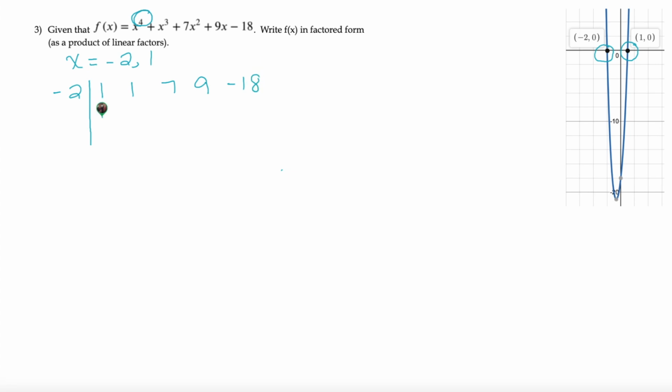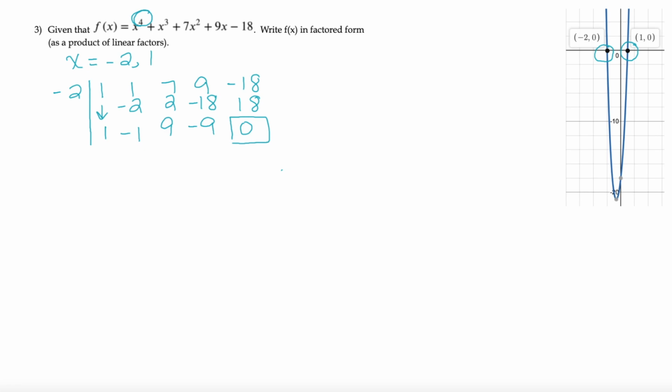Always bring down the 1. -2 times 1 is -2. So when I subtract, I have -1. Then I'll have +2, which is 9. -2 times 9 is -18. So I have a -9 times -2 is +18. Again, shouldn't surprise us that we end up with a nice 0 because it is a 0.